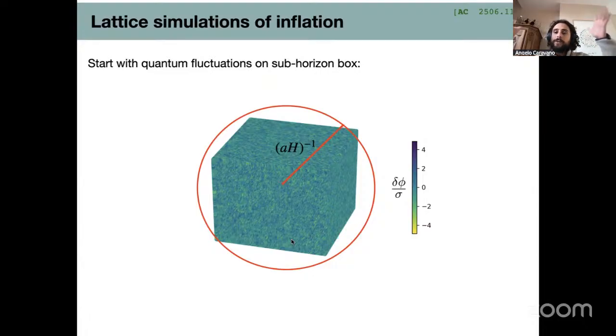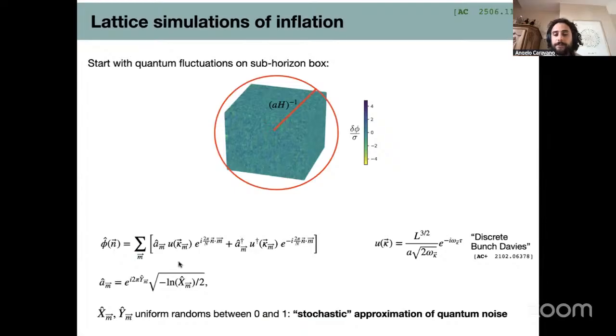And then you trace it back to when it was inside the Hubble horizon during inflation. And similarly, if you want to study interferometer scales, you take a box of that size and you trace it back to when it was inside the horizon during inflation. And this is the starting point of the simulation. And this is the point where the quantum fluctuations are initiated on this box.